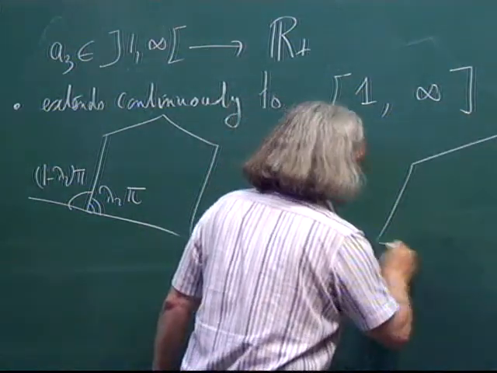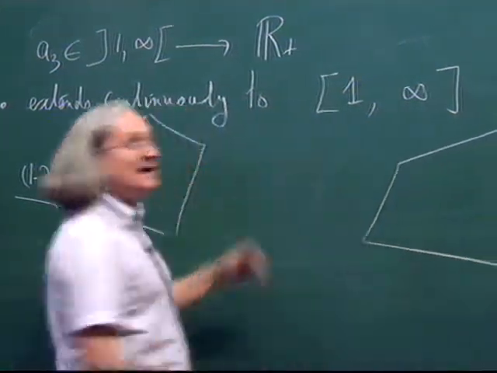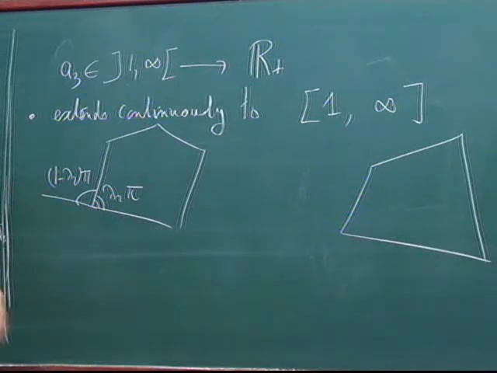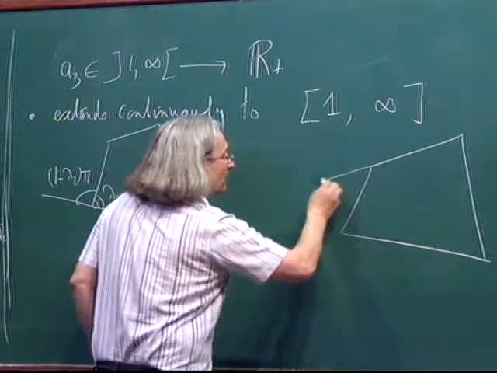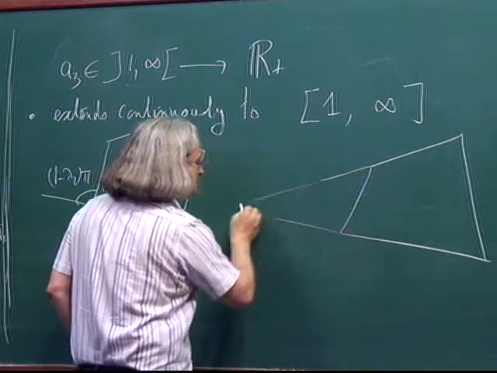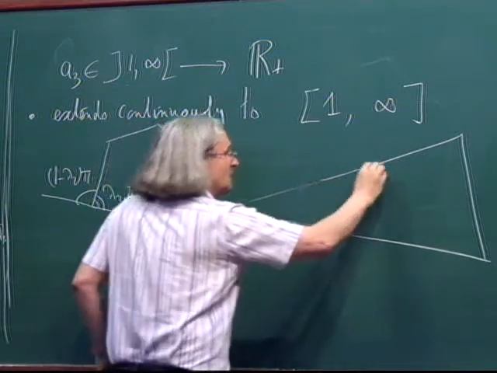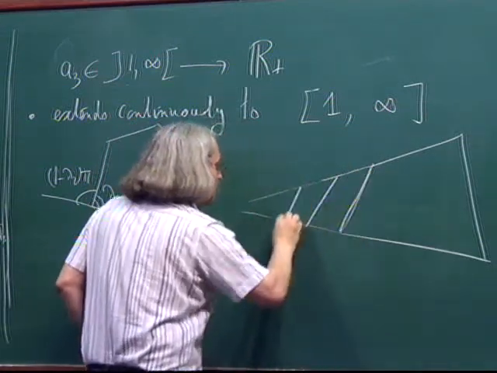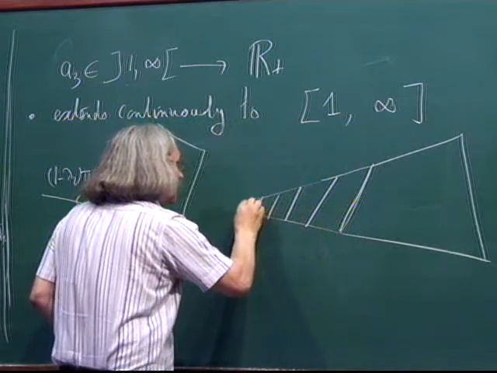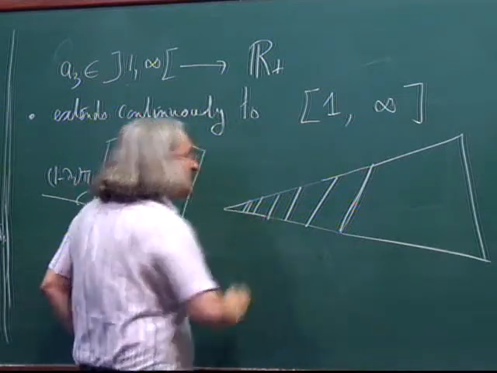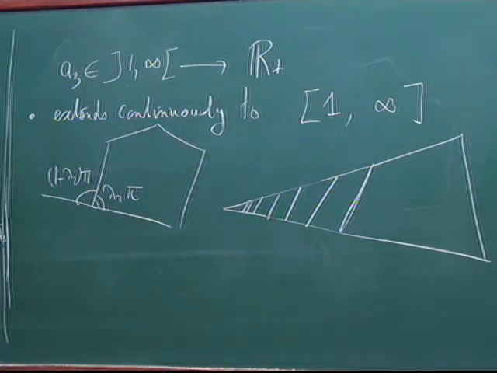So it's very clear. If you have a quadrilateral, and if you move the sides parallel to each other until they meet, you see that the quadrilateral will degenerate into a triangle.